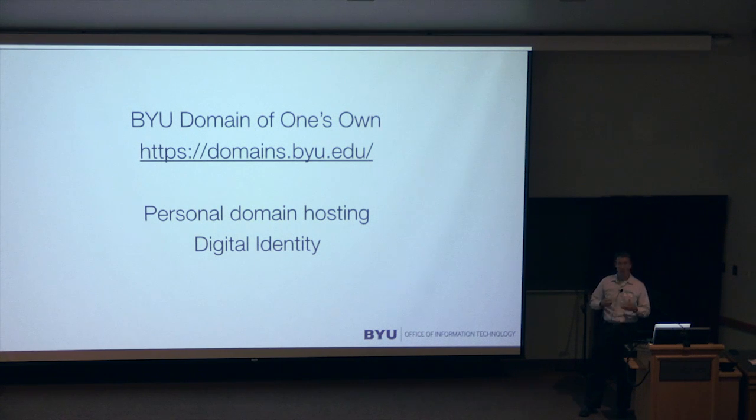But for free, you can go and create your own domain. You choose a domain name that you want, and they will pay for that for free until you graduate or leave the university. Then there's a certain time period after which you have to start paying for it yourself, either paying the provider that we use, Reclaim Hosting, or your own provider. You can move your domain to somewhere else.